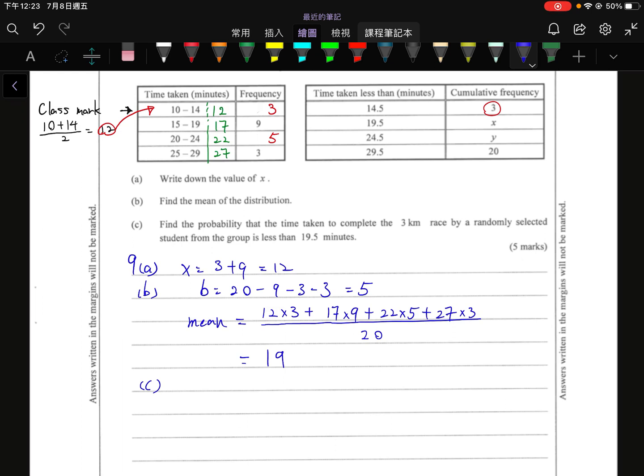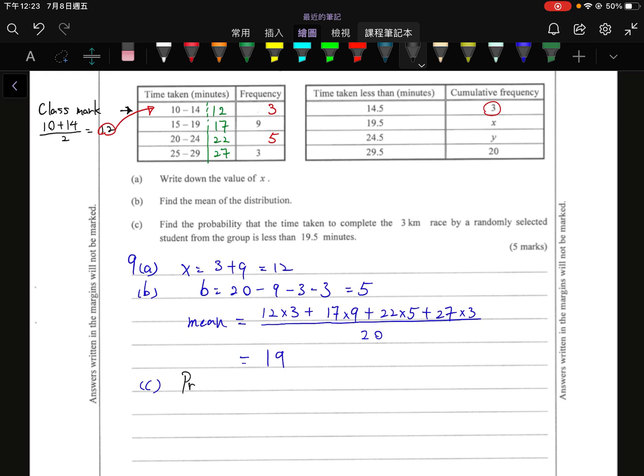If you look at the cumulative frequency table, in part A, the letter x equals 12, and that 12 is exactly the meaning of less than 19.5 minutes. So we already know there are 12 people who spend less than 19.5 minutes.